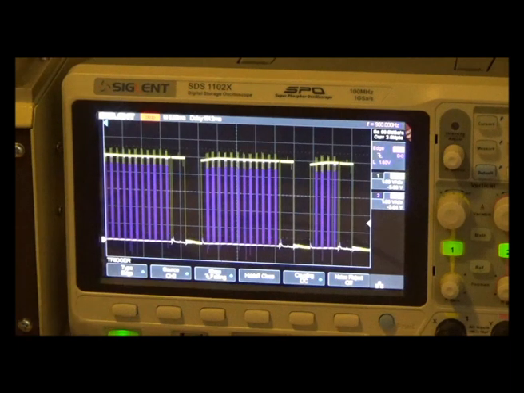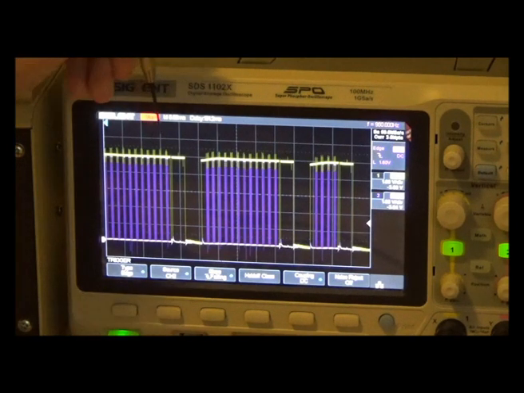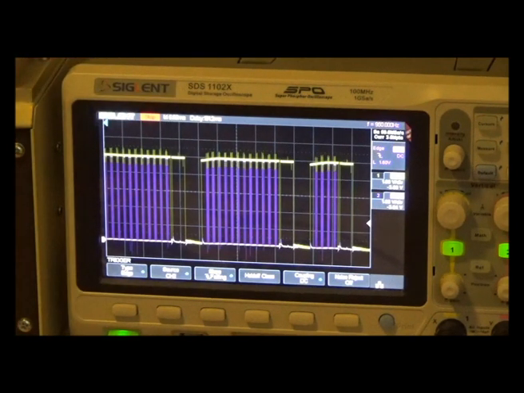The primer pulse here has a width of 4.4 milliseconds. The time base at the moment is on 5 milliseconds per division, so it's just under 1 division. It's got a primer pulse width of 4.4 milliseconds. That tells us this is chip 6 transmitting. It happens to be sending a message to chip number 7, and this is acknowledged.